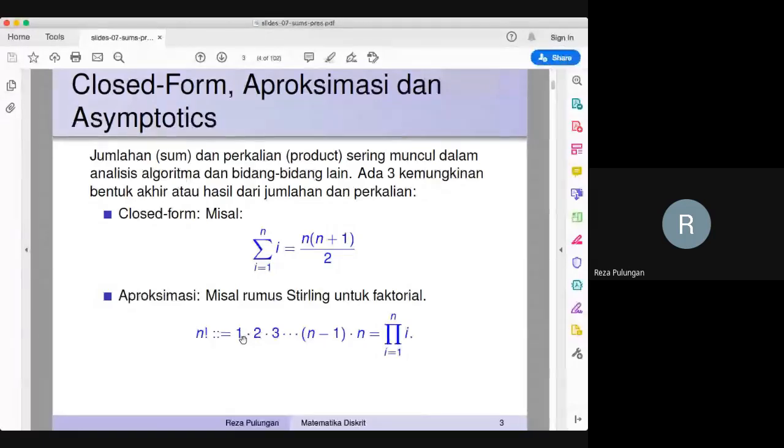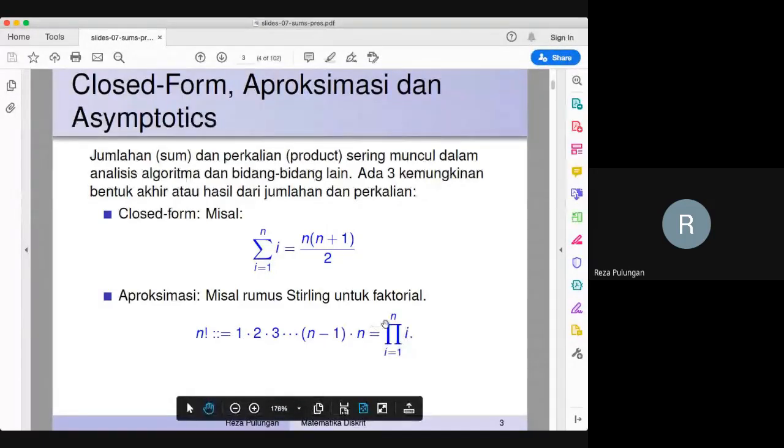We denote this with the pi notation, i from 1 until n, which is a product. We will see later that it is not possible to find a closed form solution of this, but we can find an approximation.